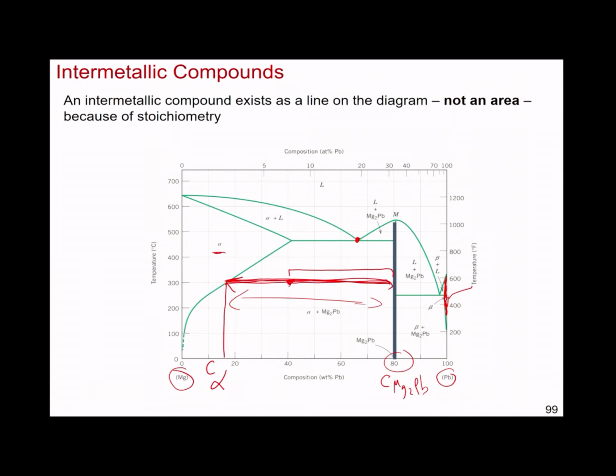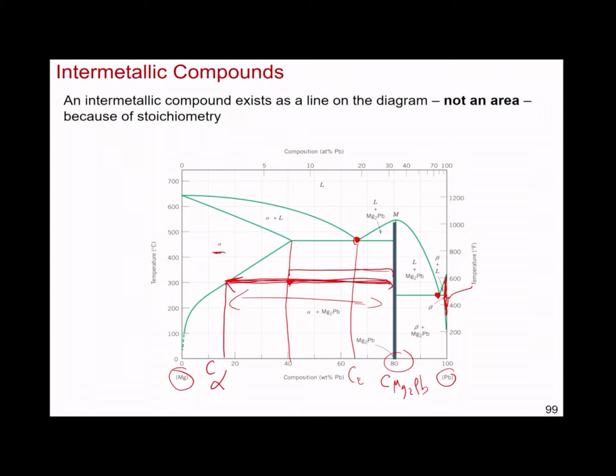Okay, so you still have the hypoeutectic region here. So this is CE. Then you have hyper here. You'll notice that this phase diagram has two eutectic points. There's one here, and there's one here. So it's absolutely not a problem.